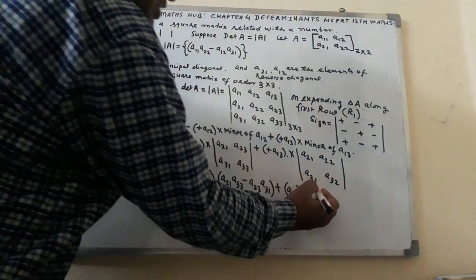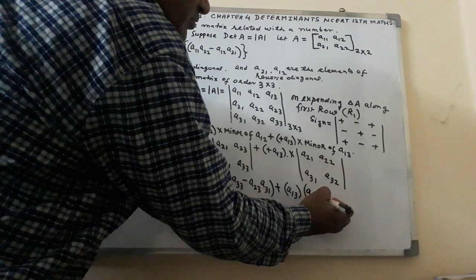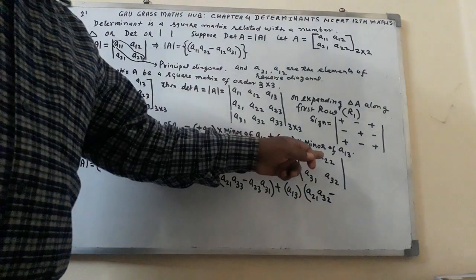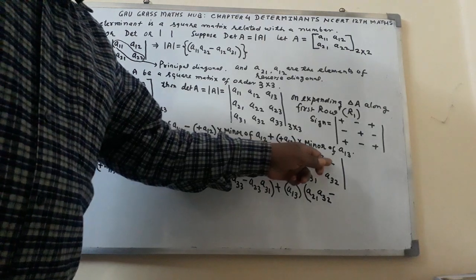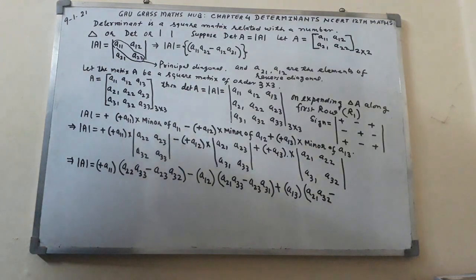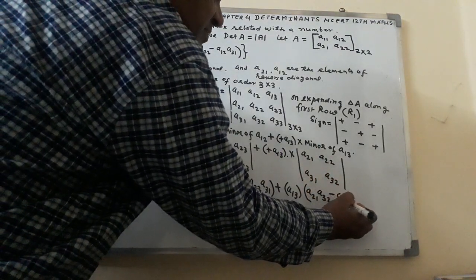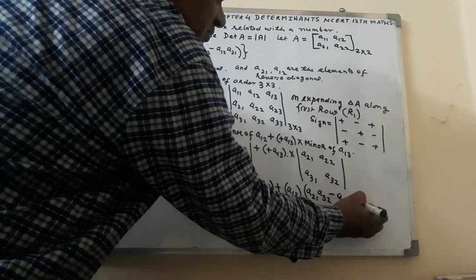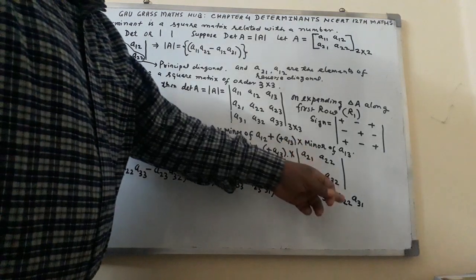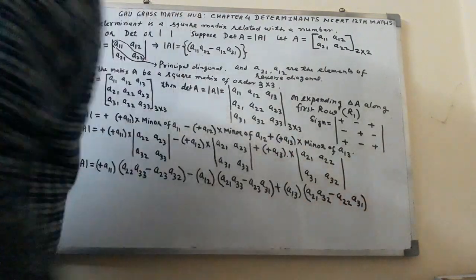You will get here A21, A32, minus elements of reverse diagonal A22 and A31 will also get multiplied together. You will get here A22, A31. You will get this one.